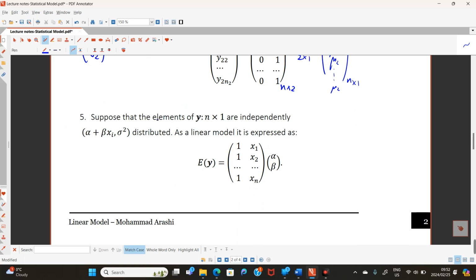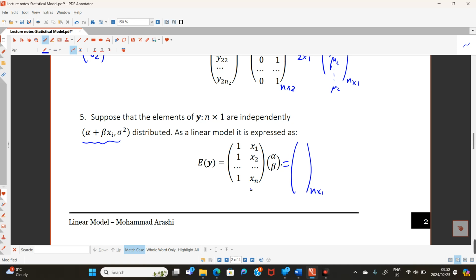Another example: suppose that the elements of y are independently given by this formula, and this expression can be used in analysis of variance, which you can also consider from effect modeling, or better say linear modeling, considering effects. Then you can express the linear model in this way. If I do the multiplication again, I will have a vector n by 1.